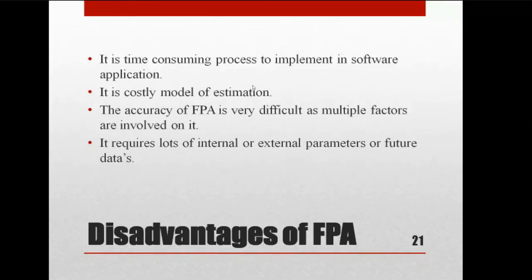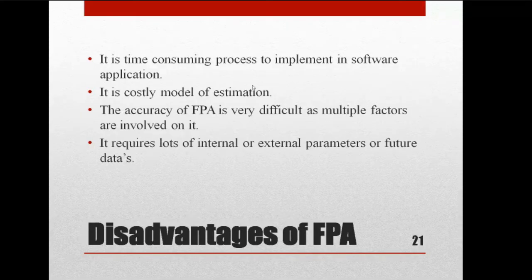Right? The accuracy of FPA is very difficult as multiple factors are involved in it. Accuracy means what? Say we have 450 functions. We won't be able to finalize that this is the exact 450 functions. It may increase or decrease. The reason is the technology, right?